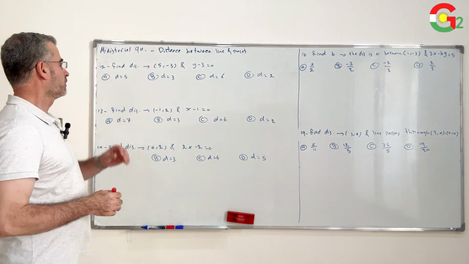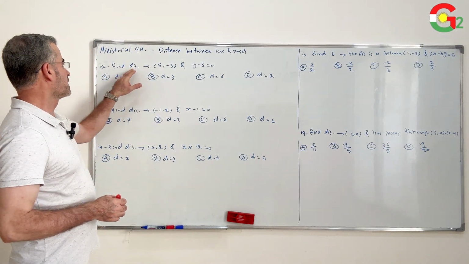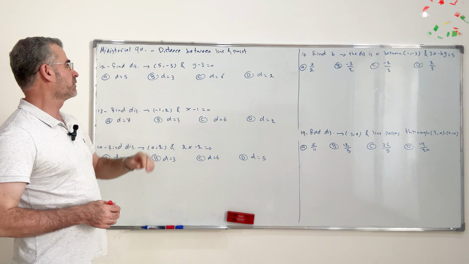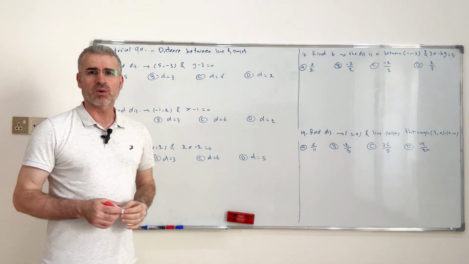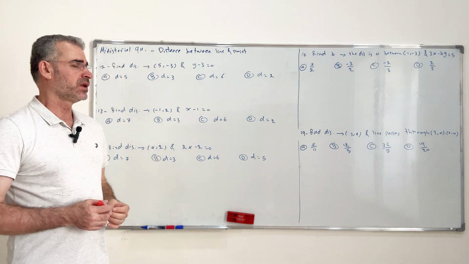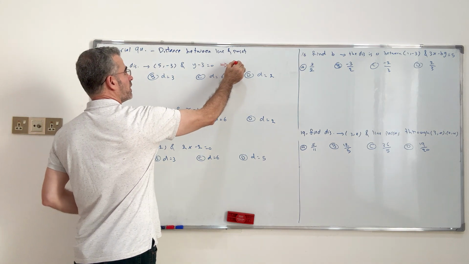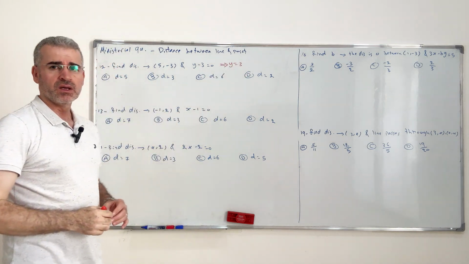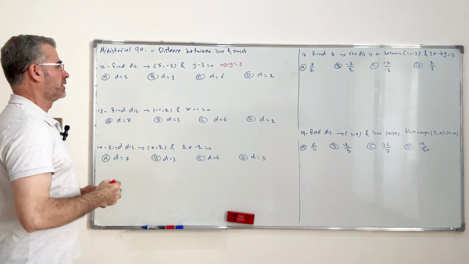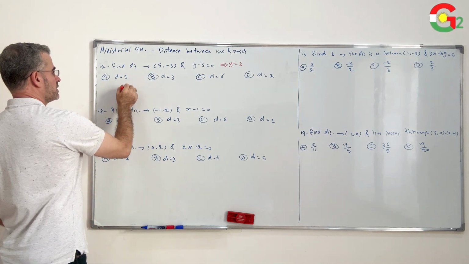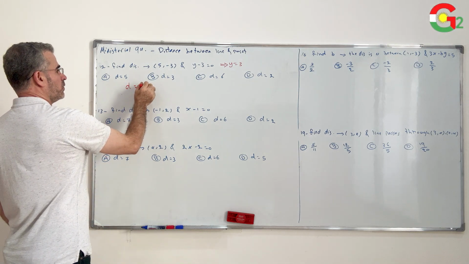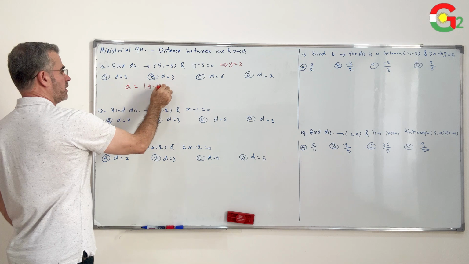Question number 12. Find the distance between the point 5, negative 3 and the line y minus 3 equals 0. It means y equals 3. It is a horizontal line. Then the distance equals the absolute value of y minus y1.